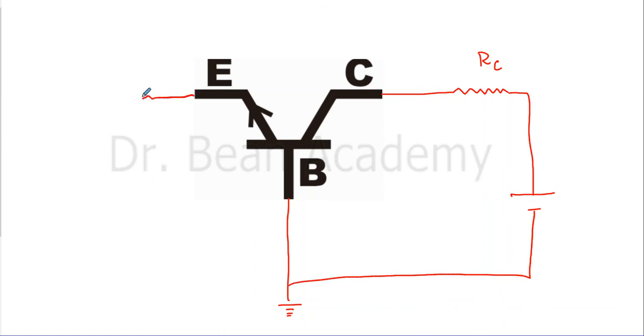The emitter will also pass through a resistor, and I can call it RE, the resistor connected to the emitter. And as we decided that the emitter should be negative, the other side should go to the ground.